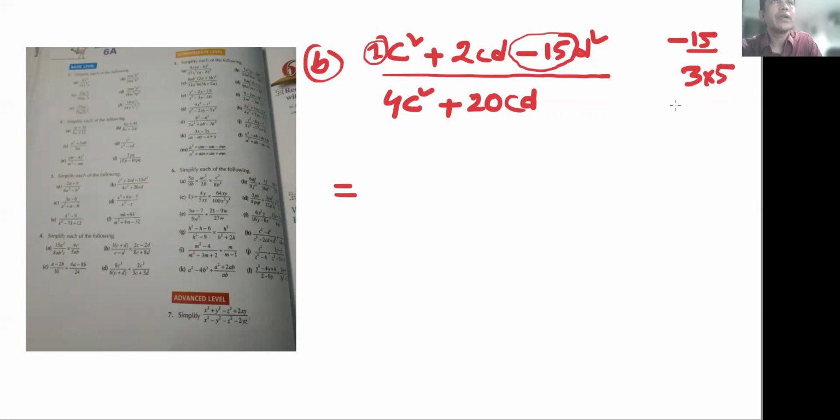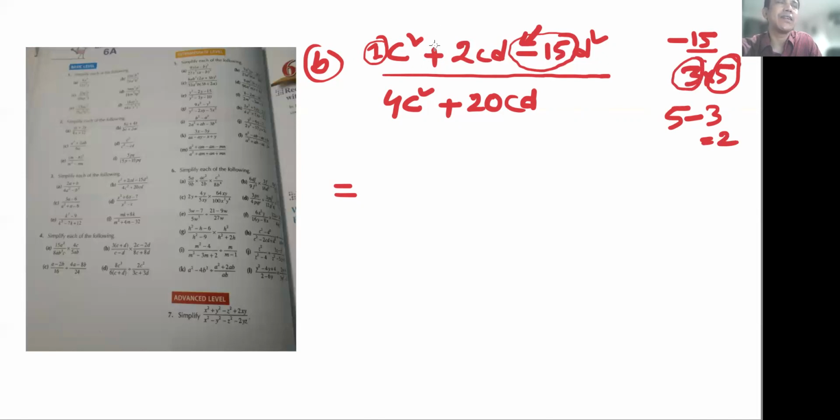Let's say we want the 2 here. If we write 5 minus 3, then it will come to 2, right? So remember, as you learned earlier, if a minus sign is there, the biggest one will have the positive sign and the smallest one will have the negative sign.